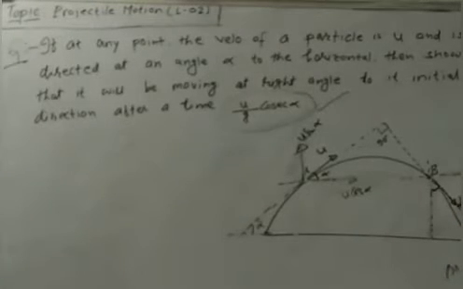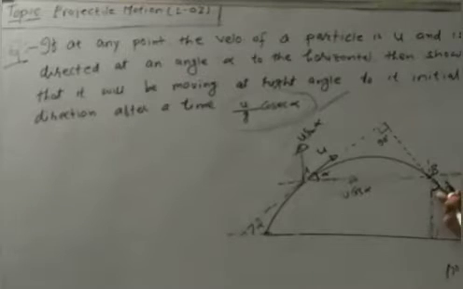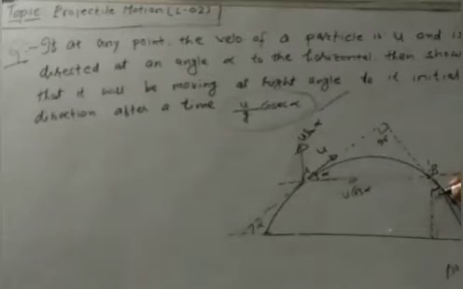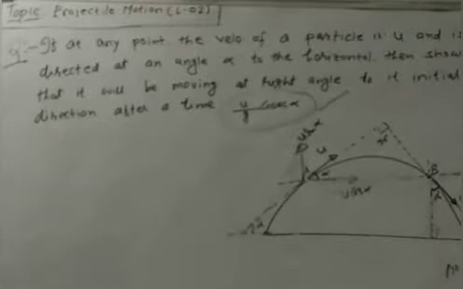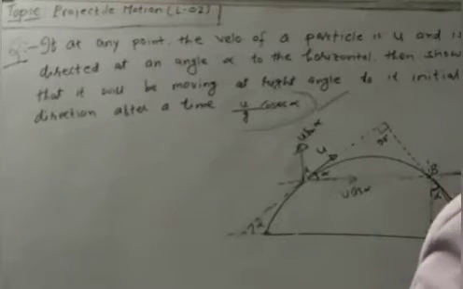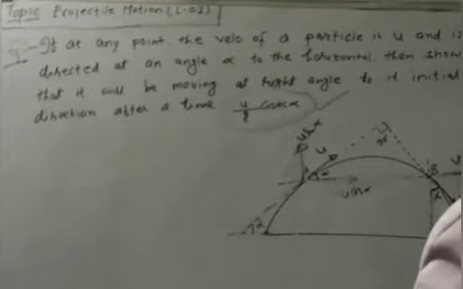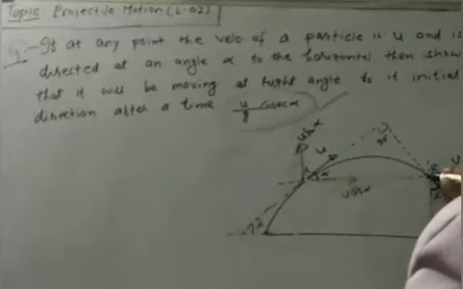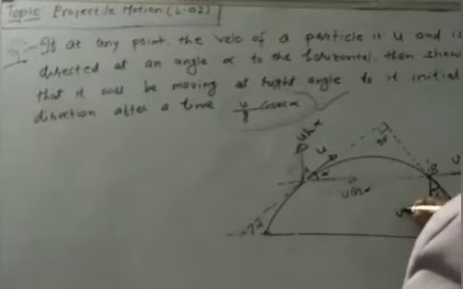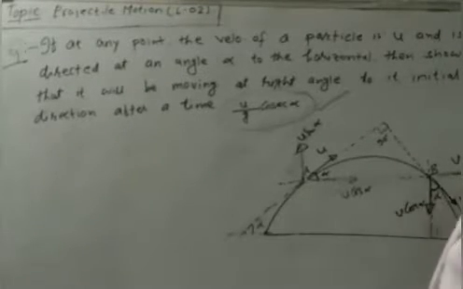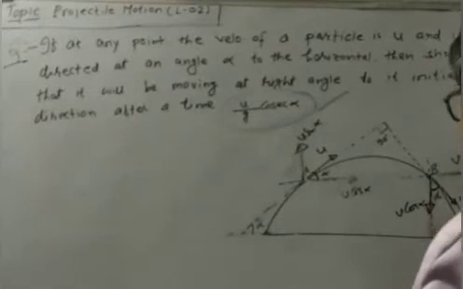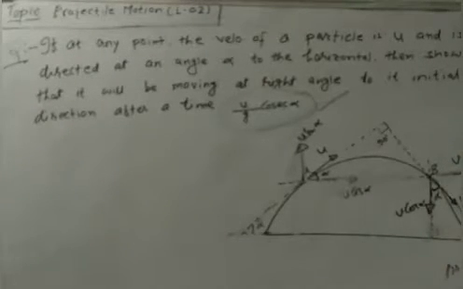For this right angle triangle, this angle is 90 minus alpha and this is 90, so this must be alpha. Okay dear. So this angle must be alpha. If this is alpha and this is v, so this will be v sin alpha, and this must be v cos alpha. Okay dear. This v cos alpha is vertically downward and v sin alpha is horizontal component.